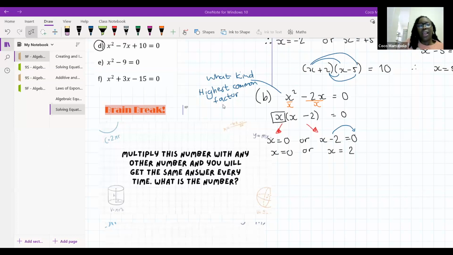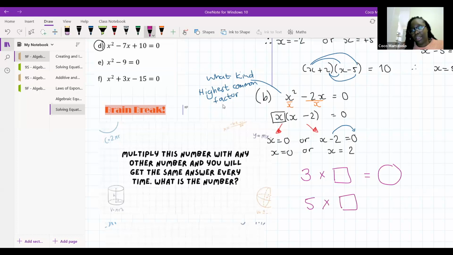It says, multiply this number with any other number and you will get the same answer every single time. So what this is saying is that if I multiply, for instance, 3 times whatever this number is, I must get the same answer here. And if I multiply 5 times whatever this number is, I must get the same answer again.